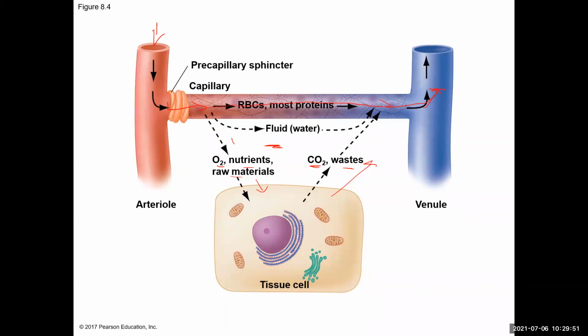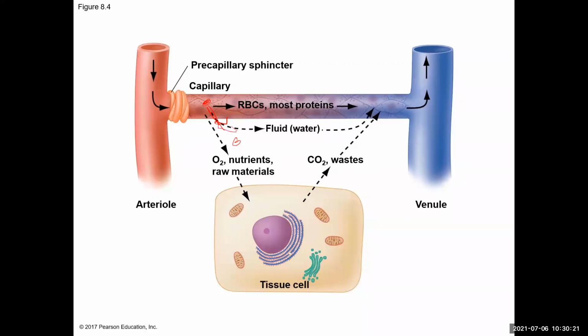Now, the space here where this fluid and water is located actually has a gradient, right? And so water will be lost because there's more water here than here. So water will be lost, right? And remember, osmosis is that solute gradient, right?